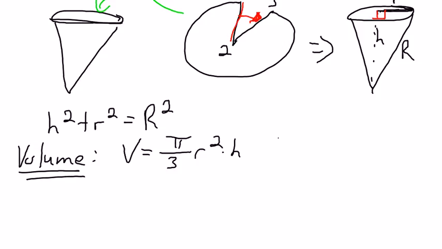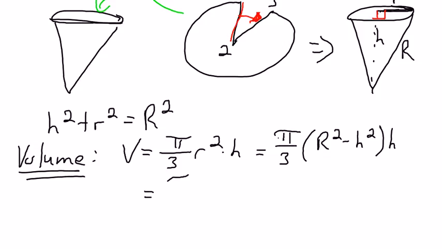Now, from the equation that we just had, solving for r squared is going to give us big R squared minus h squared, all times h. So, multiplying through, that's going to give us this.